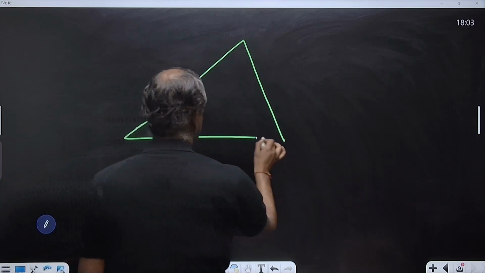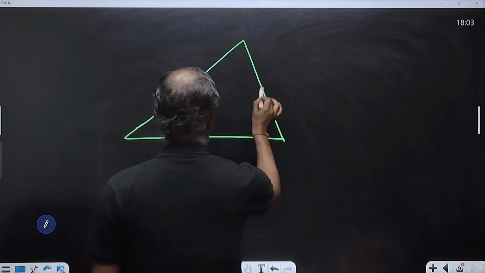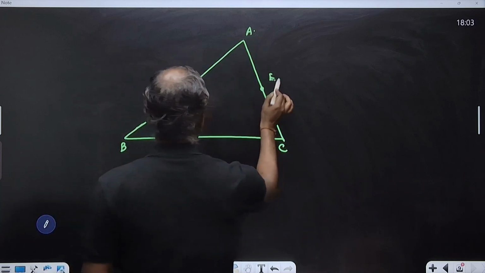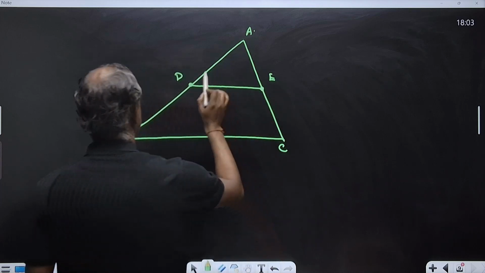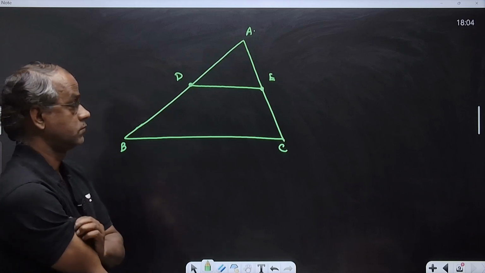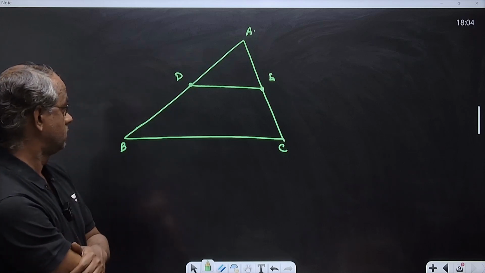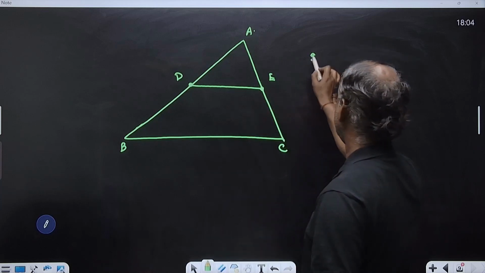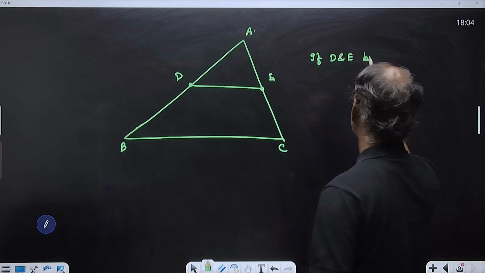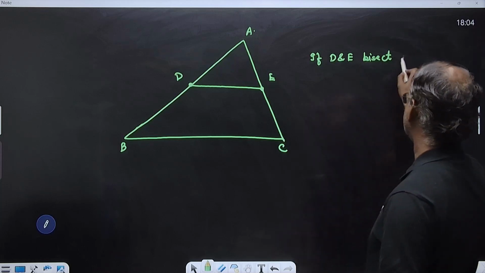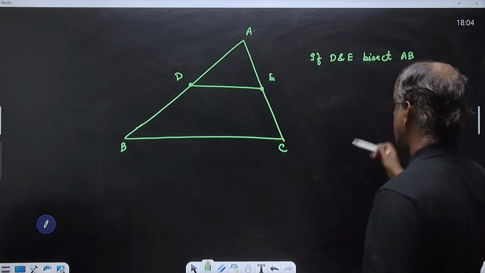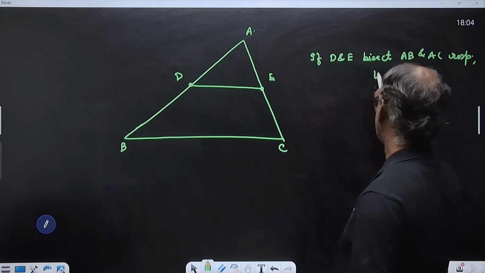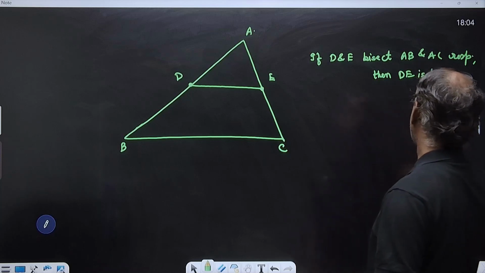The converse of midpoint theorem: if D and E bisect AB and AC respectively, then DE is parallel to BC.